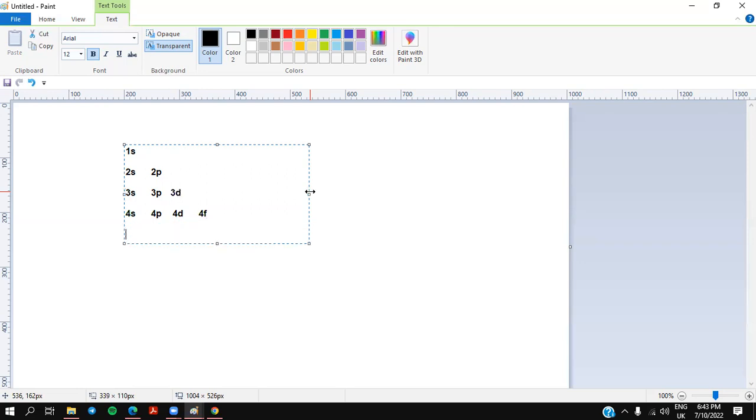Now we go to the fifth quantum number. There we can write 5s, 5p, 5d, 5f. We don't write more than f. 5f is enough.